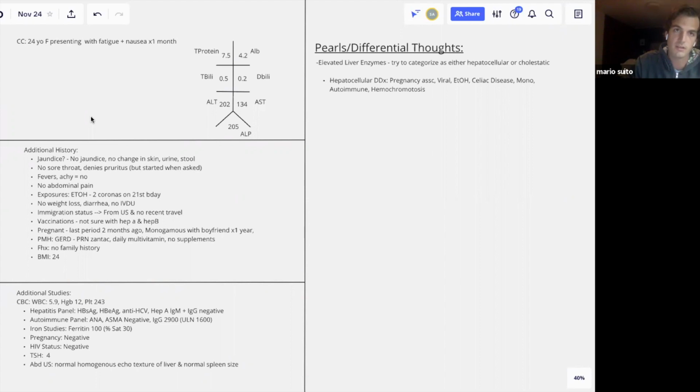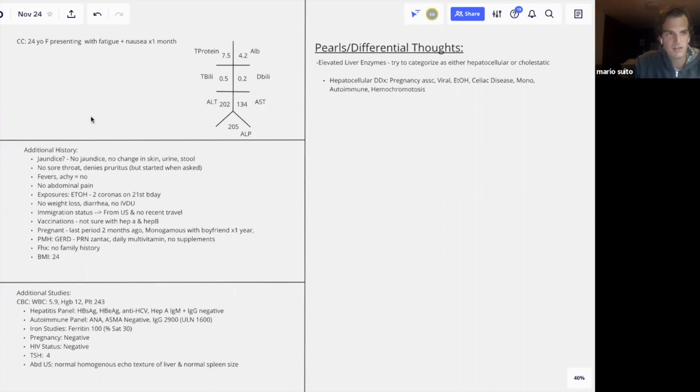I know that if we were thinking about alpha-1 antitrypsin deficiency or hemochromatosis or Wilson's disease, I believe the presentation would be accompanied by extra hepatic symptoms. In alpha-1 antitrypsin deficiency, maybe some bibasilar fibrosis or something like that.